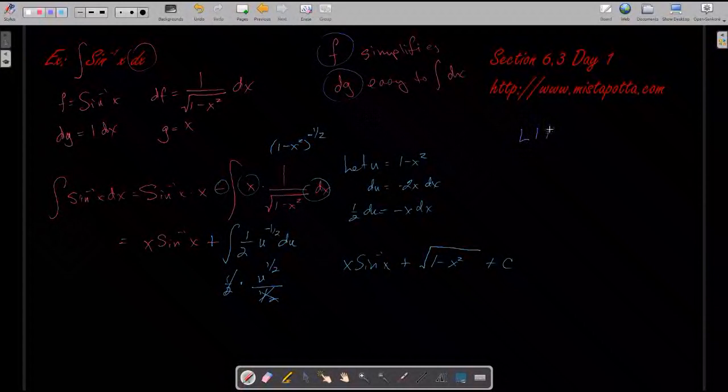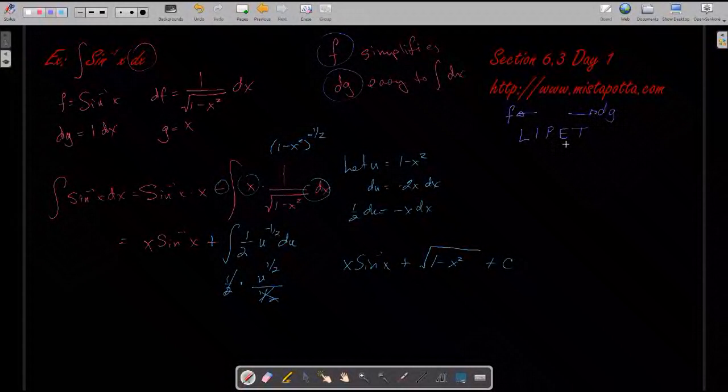And limit helps us determine what f. Our f's tend to be more towards the front of the word, and our dg terms tend to be more towards the back of our term.